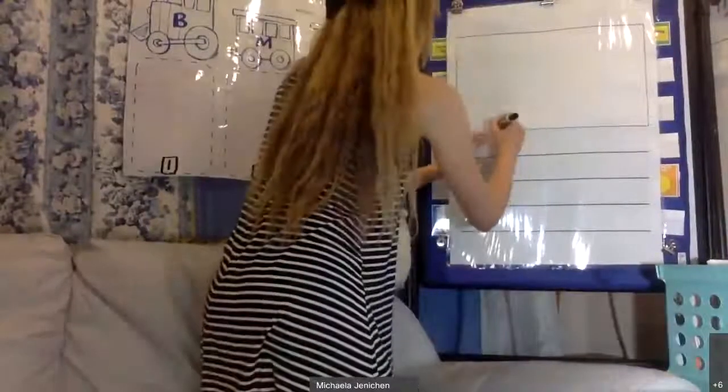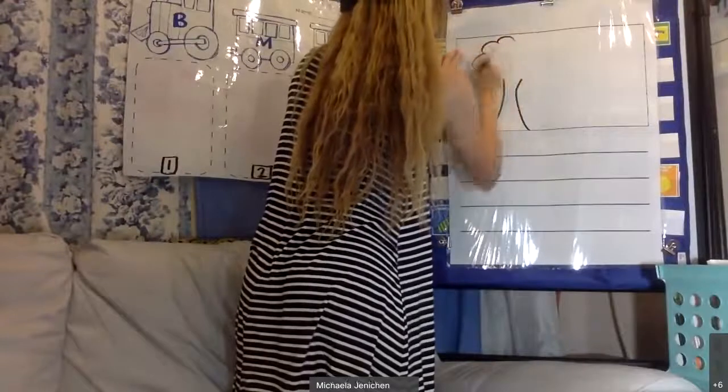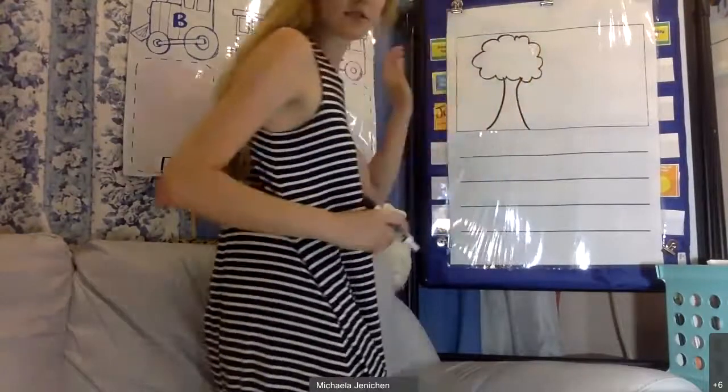Ready? You have one minute to draw a picture of a tree with a nest, and try to make it as detailed as you can. I'm going to do the same thing, okay? Here we go. Let's try this. Does that look like a tree so far?